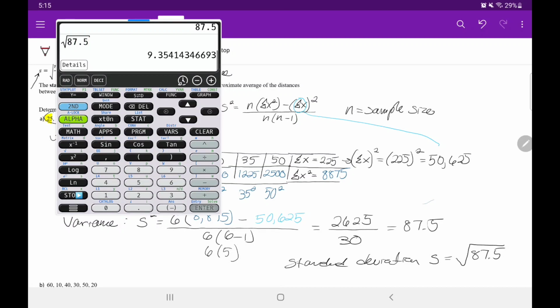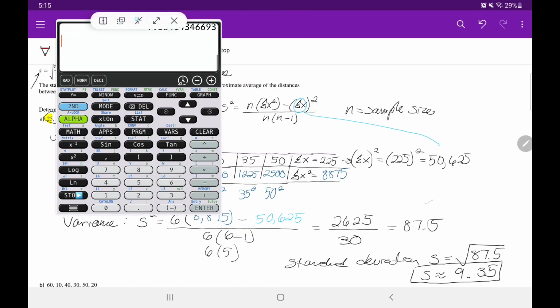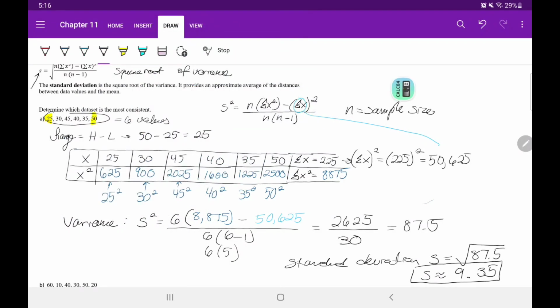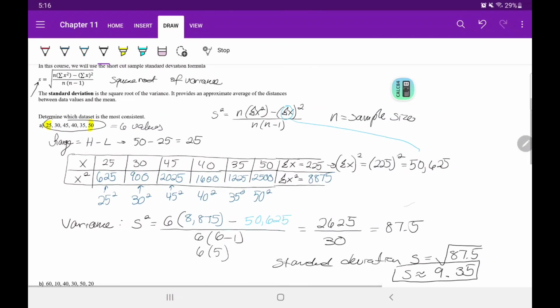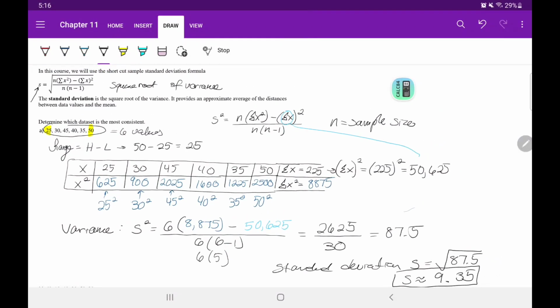Let's round to 2 numbers after the decimal in this case. My standard deviation is 9.35 approximately. And that is how we find our range, our variance, and our standard deviation.